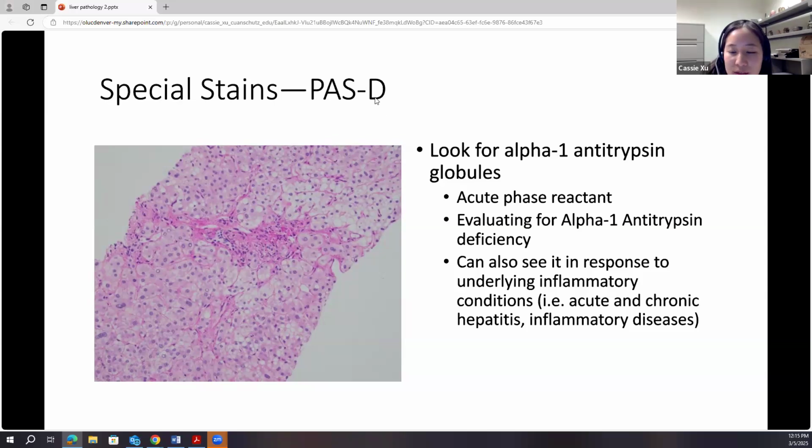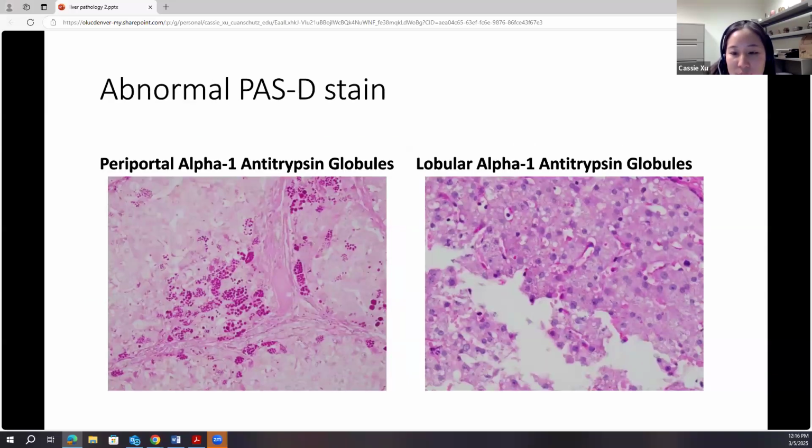But we can also use this PASD to highlight ceroid-laden macrophages, which are the cleanup cells in the liver. You can also get copper-associated binding protein deposited in the periportal hepatocytes, which might suggest a chronic biliary disease, such as PBC or PSC. So if you see that, that's what it might suggest.